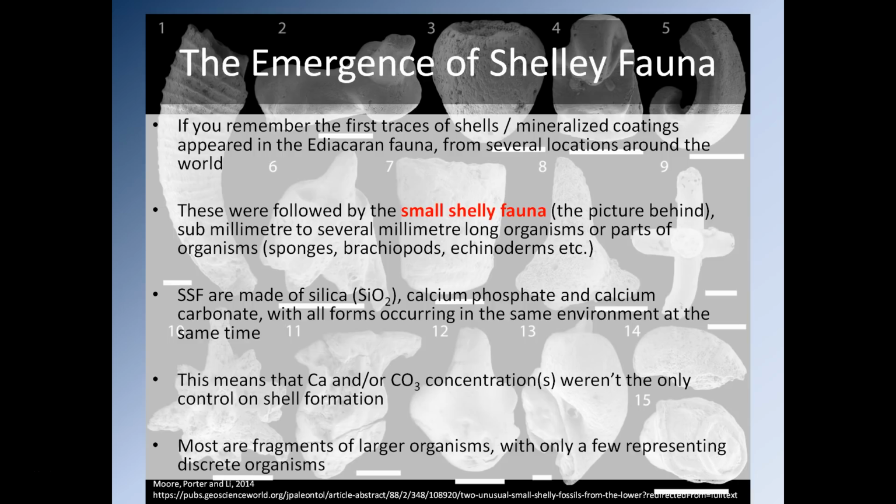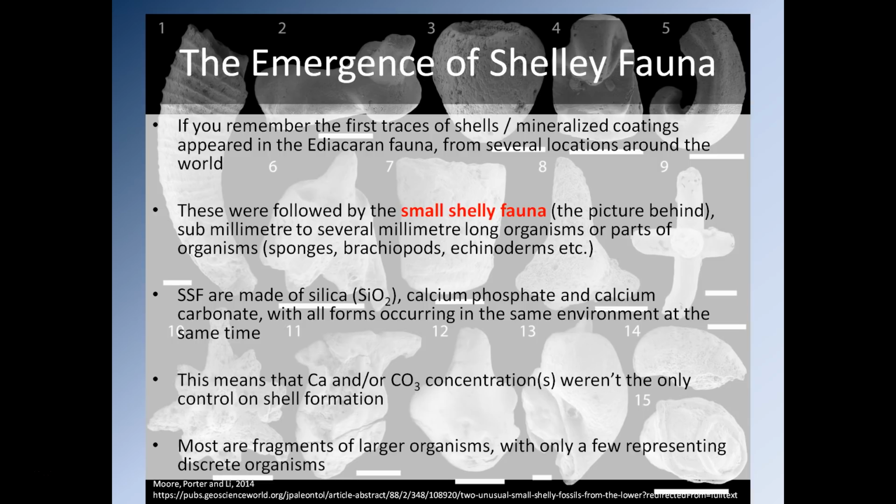From what we can probably guess, the shell of Kimberella was probably made of chitin, which is the same material that insect shells are made out of. So it was organic. Now, if you also remember when I was talking about the Ediacaran fauna, there are also some indications of shell fragments, and these shell fragments were made of material like calcium carbonate. Now, these shell fragments are very, very small, and typically we don't know what organism they belong to.